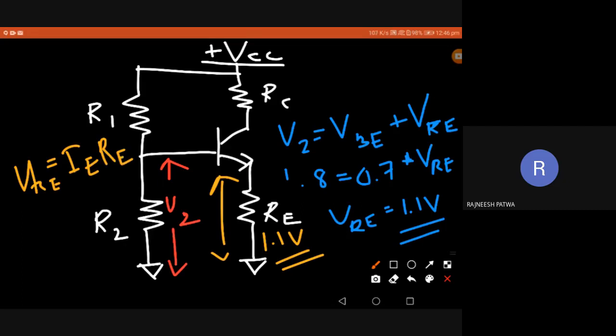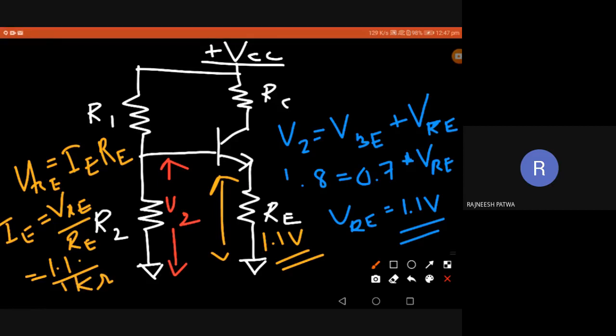You already know RE, so IE equals VRE, the voltage drop across the emitter, divided by R emitter. VRE we already found, 1.1. R emitter is given as 1 kilo ohm. So we get 1.1 milliampere as my emitter current.